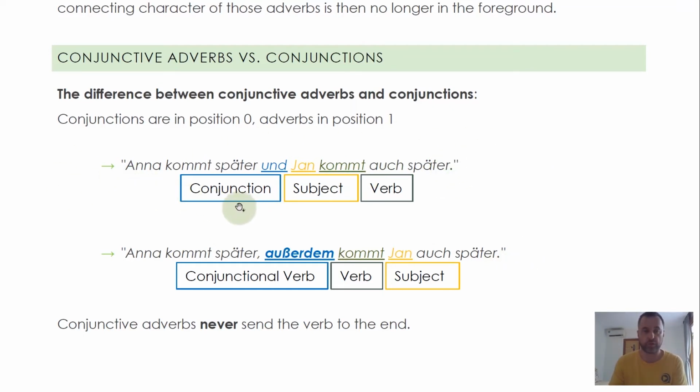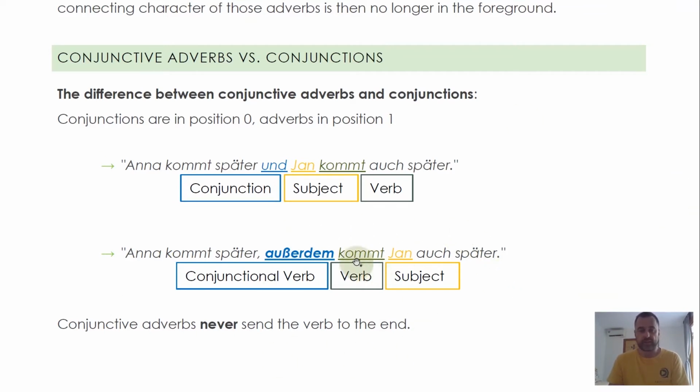So we have the word order conjunction, subject, verb, right? And in our second example, Anna kommt später, außerdem kommt Jan auch später. So Anna comes later and also, or additionally, Jan comes also later.